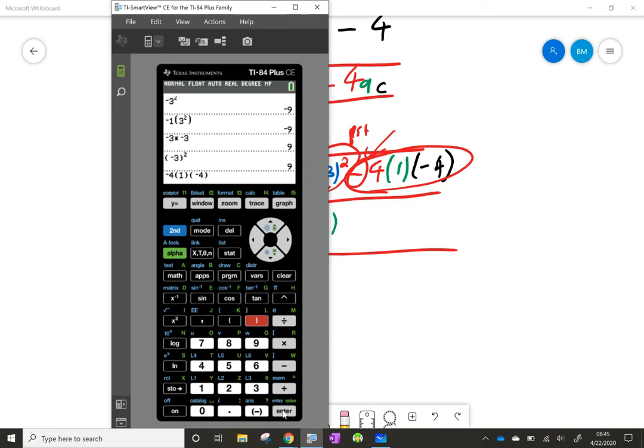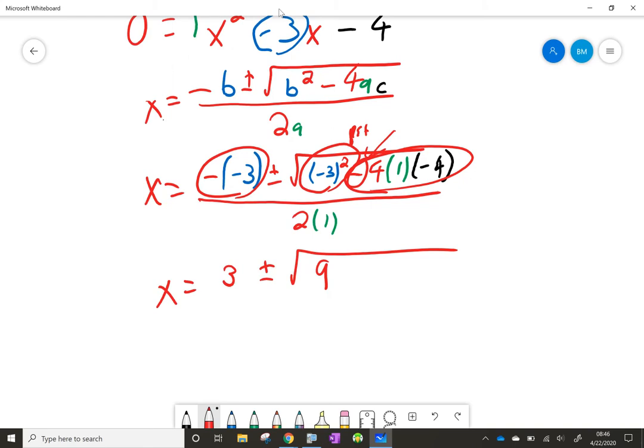Now, I have a 16 here. And since it's a +16 as a final answer rather than a -16, I'm going to go ahead and write my answer as a +16.